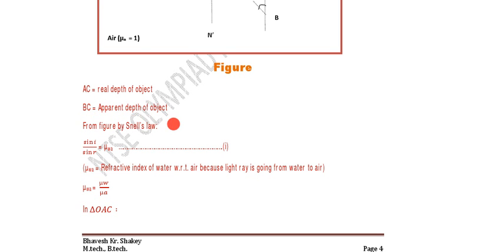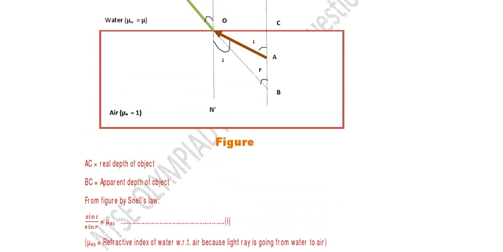Again a light ray is traveling from air to water, so I write the refractive index of water with respect to air, and it is equal to sin i by sin r. Again I am taking a triangle OAC. In this triangle OAC, when I determine tan i, this tan i is equal to perpendicular by base.